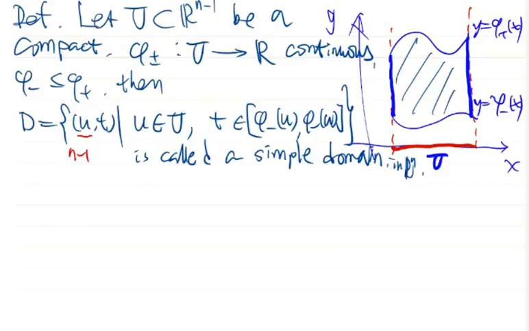Simple domain in R^n. Okay. So in our picture, if we consider the horizontal axis to be R^(n-1), and the vertical is the last dimension. Okay, so this is the simple domain. So this is the motivation to define simple domain.